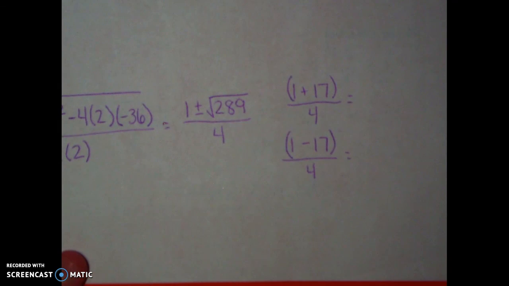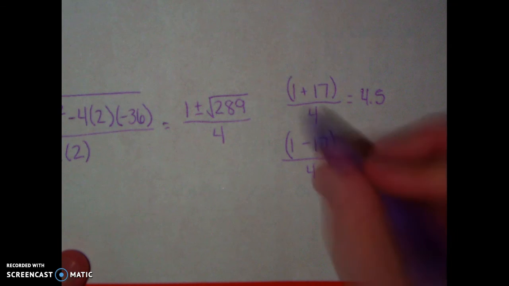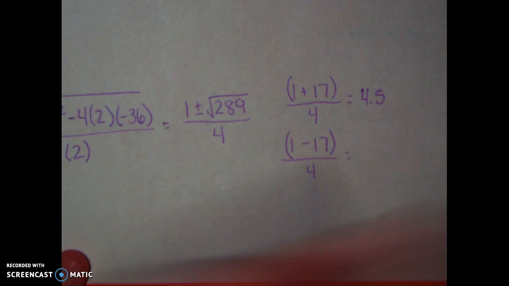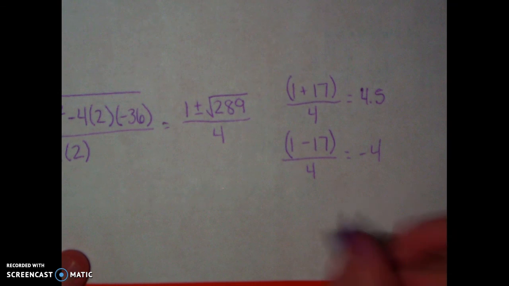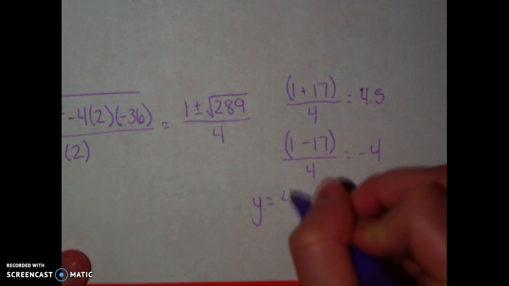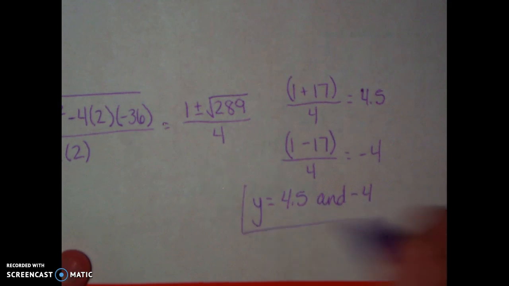So 1 plus 17 is 18. 18 divided by 4 is 4.5. And here, 1 minus 17 is negative 16. And divide that by 4, you get negative 4. So on this last one, y equals 4.5 and negative 4.